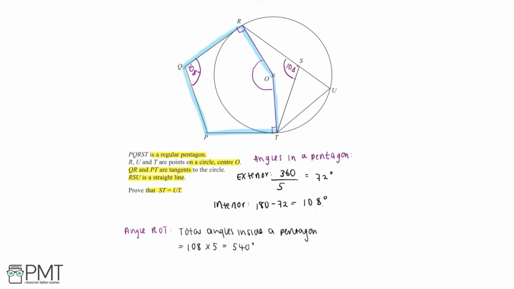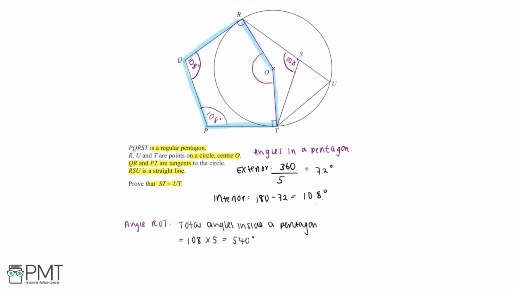The angle QPT is inside the regular pentagon, and so this is also equal to 108 degrees. So now to find ROT, we can do 540 take away 90 plus 108 plus 108 plus 90, which would leave us an answer of 144 degrees, which we can label in our diagram.